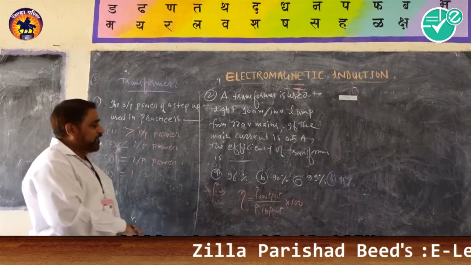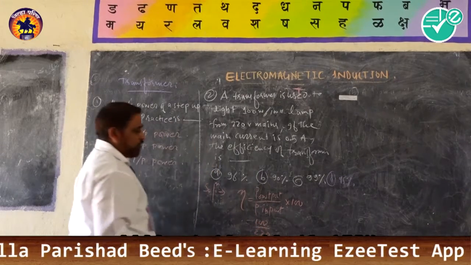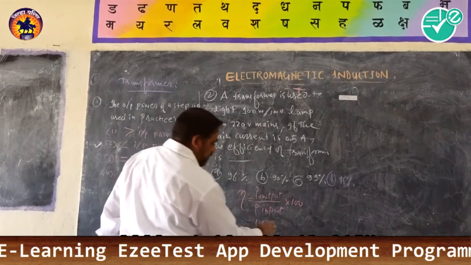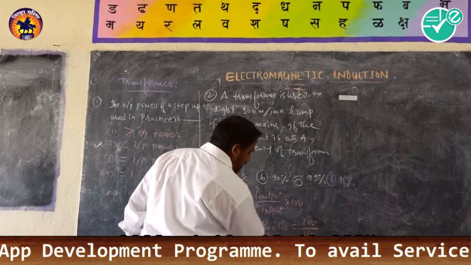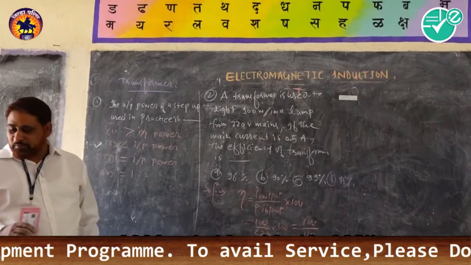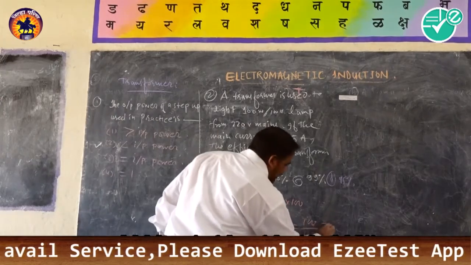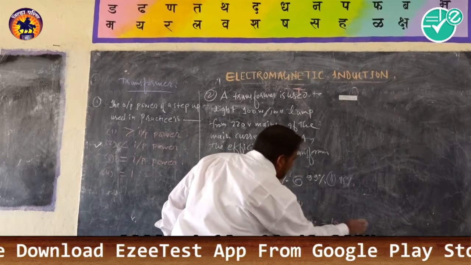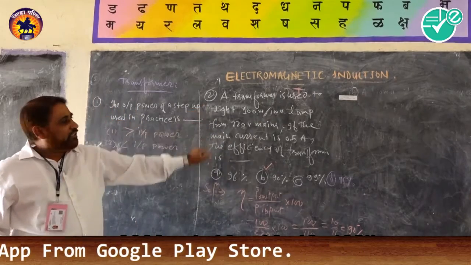So 100 divided by 220 multiplied by 100, that is equal to 100 divided by 110, and that is nothing but 10 by 11, means 90%. So see here, option B is correct in this case.